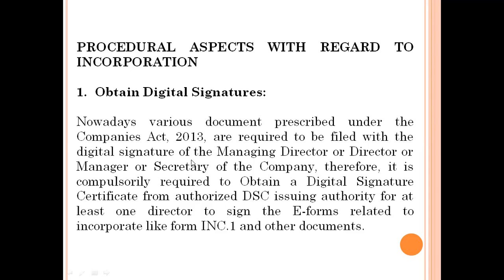Nowadays, due to the Digital India concept, all the signatures first we have to digitalize, and we have to obtain the digital signature certificate from the authorized digital signature certificate issuing authority.